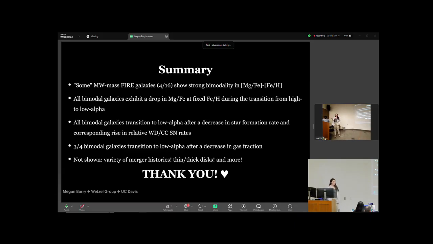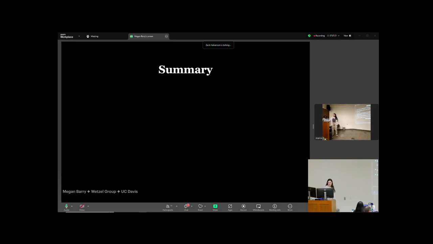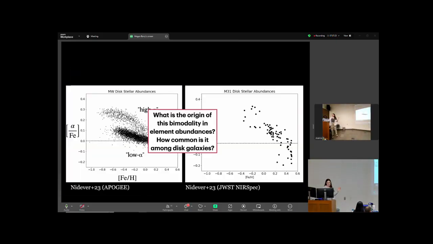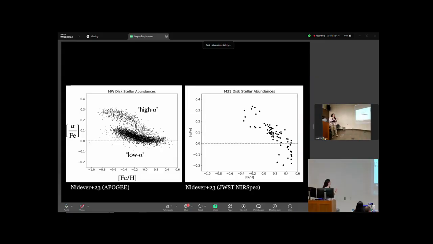Otherwise, to my knowledge, the only disky galaxy we have these measurements for is Andromeda so far. And then some Milky Way satellites, but that's a whole different thing. It doesn't seem to be. It's very early. Yeah. It looks like not. Probably not. But maybe somebody will find some stuff in the low alpha track.